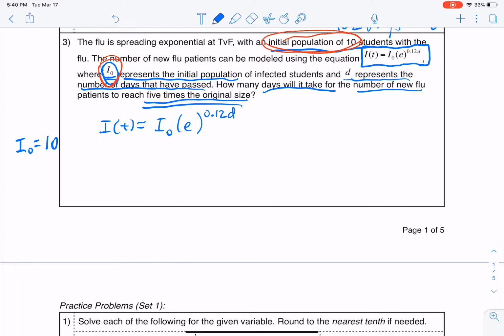All right, so the next piece of that problem. We're really interested in how many days it will take for the number of new flu patients to reach 5 times the original size. So we're interested really in what is the time it takes for our population to reach 5 times what we started with, or 5 times 10, which is 50.